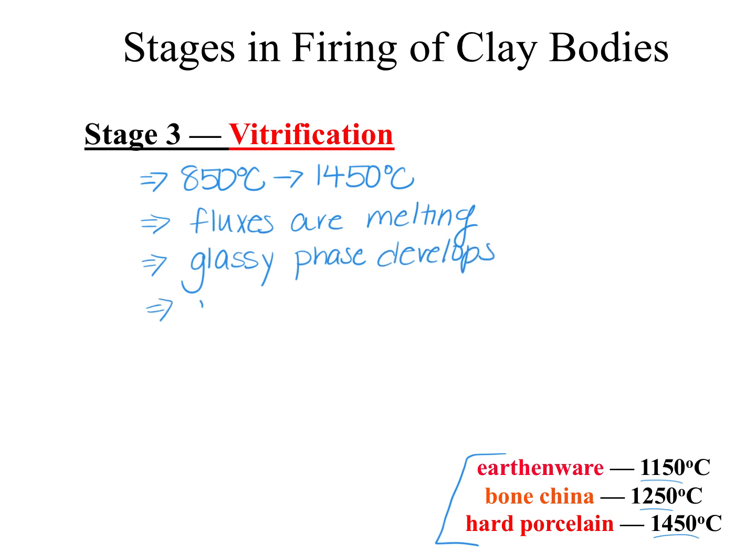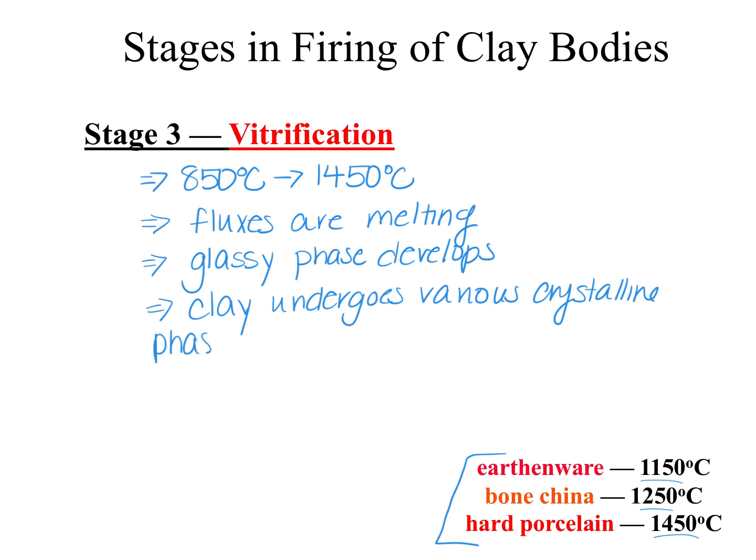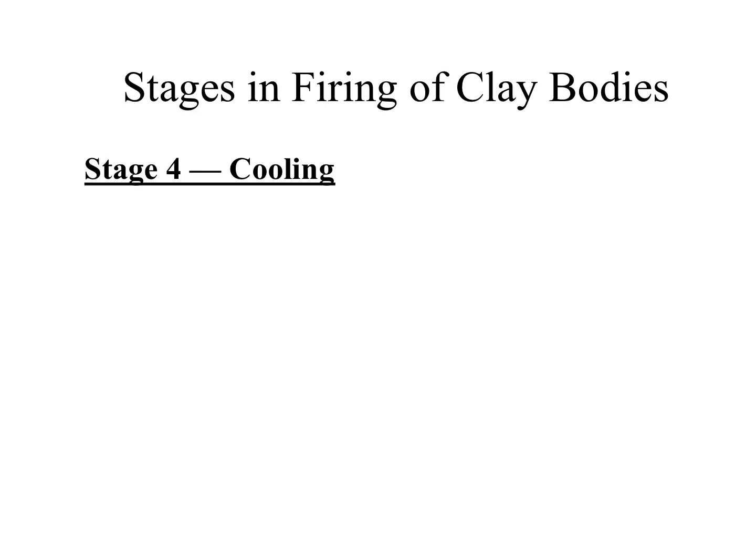And so what goes on here is the clay then undergoes various crystalline phase changes. And those various crystalline phase changes give us the different types of pottery that we're looking for. Then the last stage is cooling it back down.